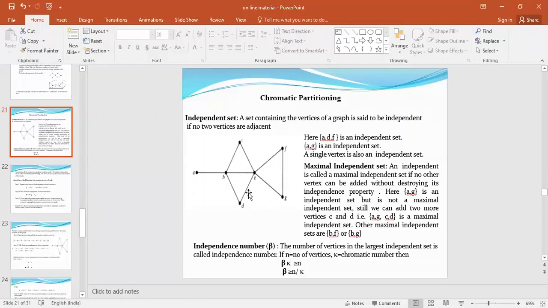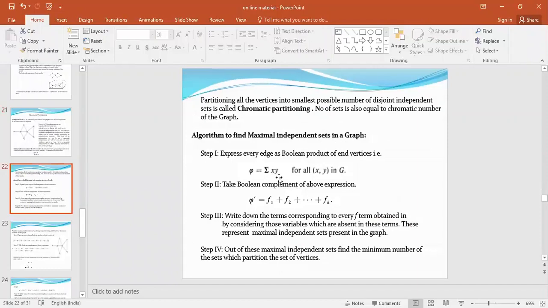So there will be 9 terms. One edge corresponds to one term, like AB. You can't write AC because AC is not a direct edge. So it is AB, then BC. We can form these types of products. So the first step is to express every edge as a Boolean product of end vertices.